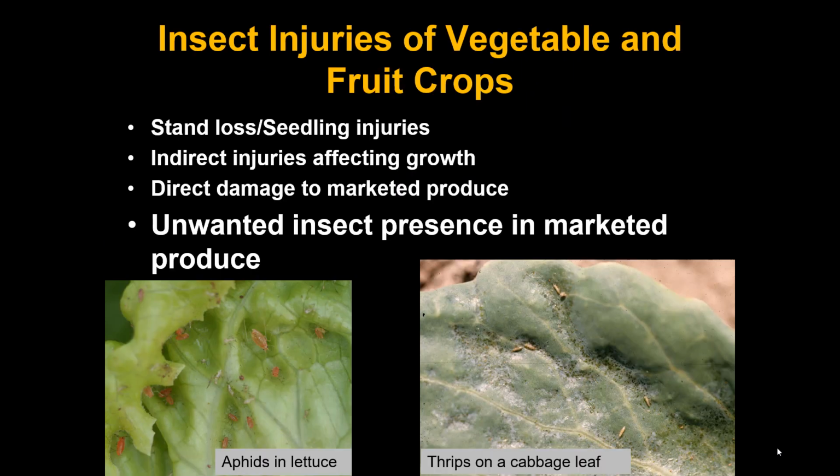Another thing we use a lot of insecticides for in fruits and vegetables is just preventing an insect from being on the plant when it's marketed. This is mostly an issue with leafy vegetables, and you have aphids, you have thrips, very common on these plants.